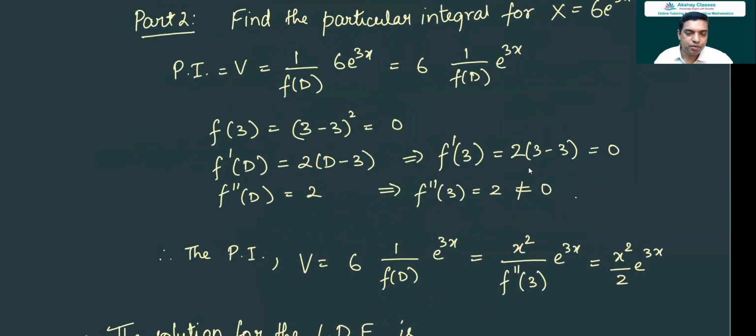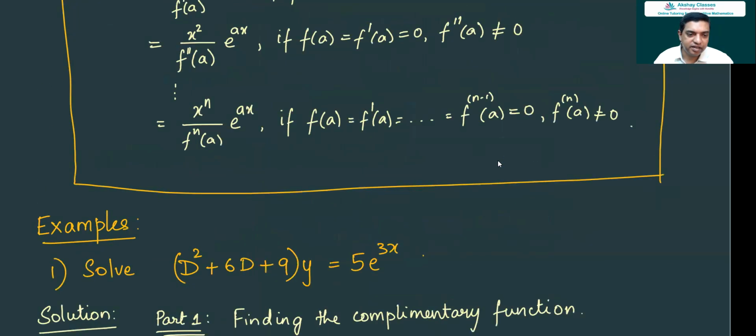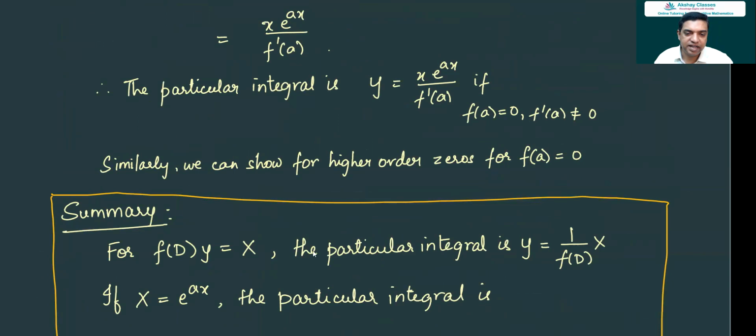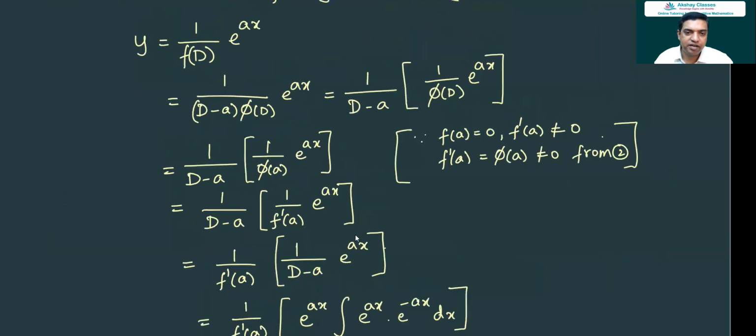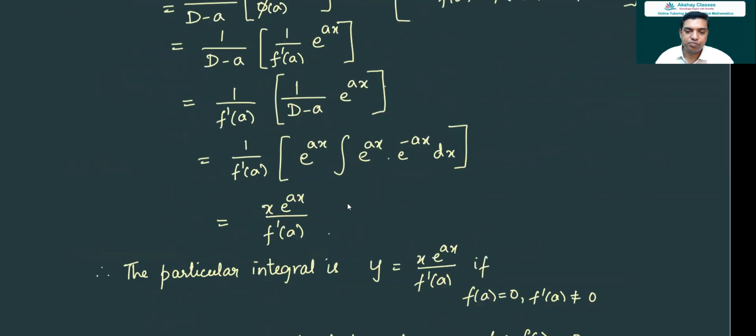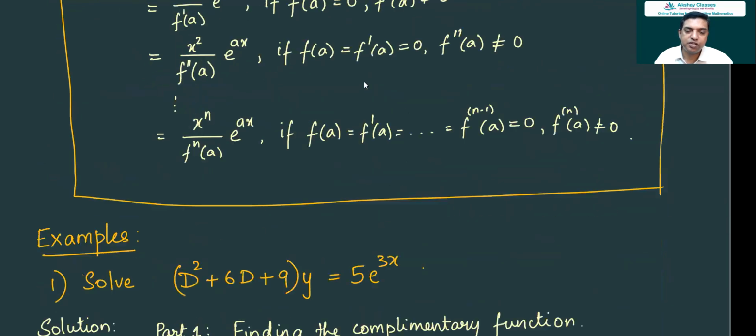All right, so we found the particular integral for this case when the right hand side is e^(ax). Now let's move further. This was case 1.